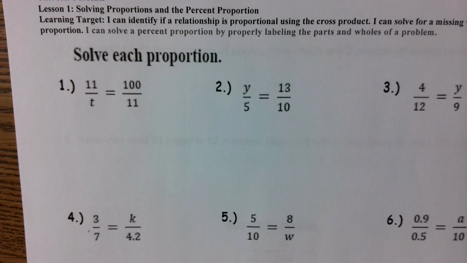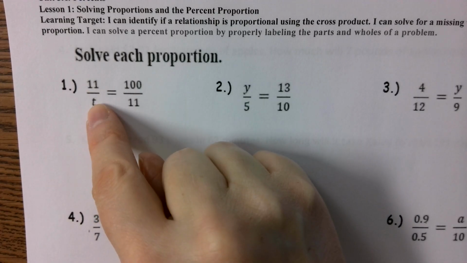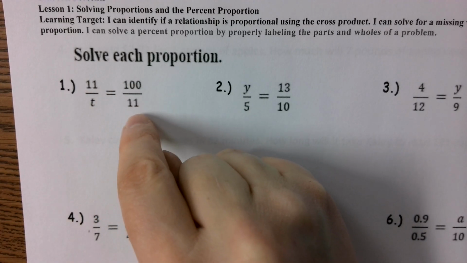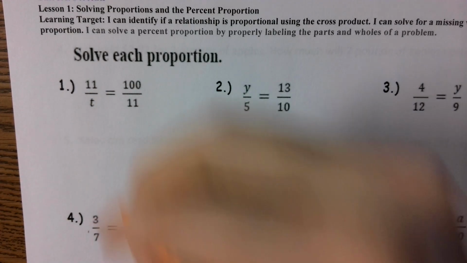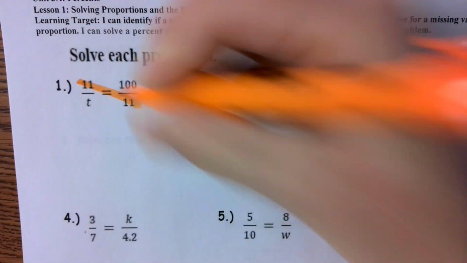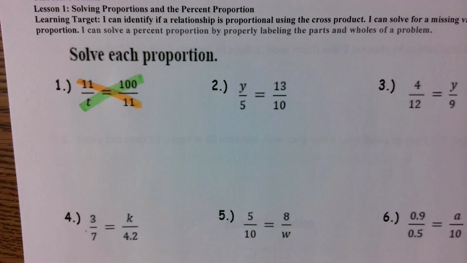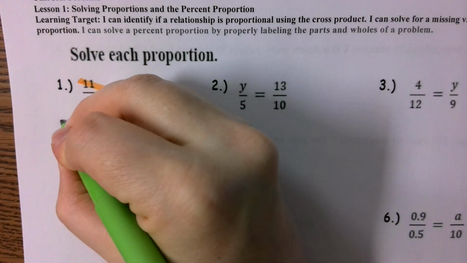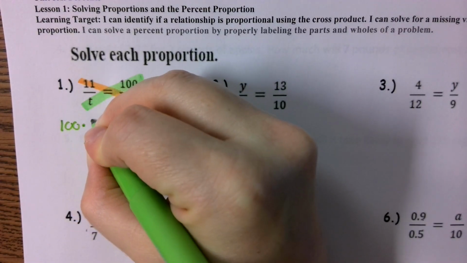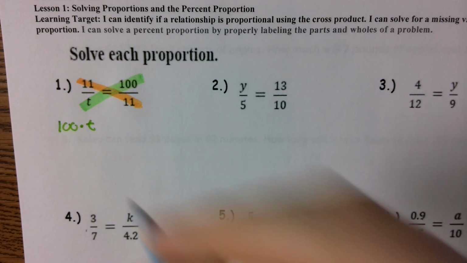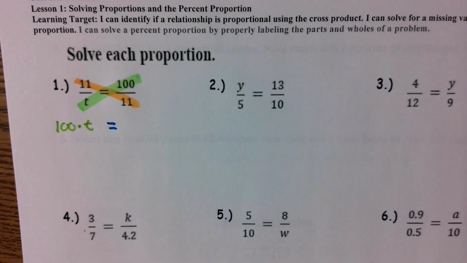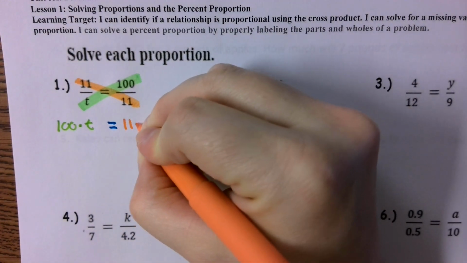Okay, so for here, when we have 11 over t is equal to 100 over 11, again, knowing that we can do our cross product, that these are supposed to be equal to each other, then this essentially says that when I multiply 100 times t, this is supposed to be equal to when I multiply 11 times 11.